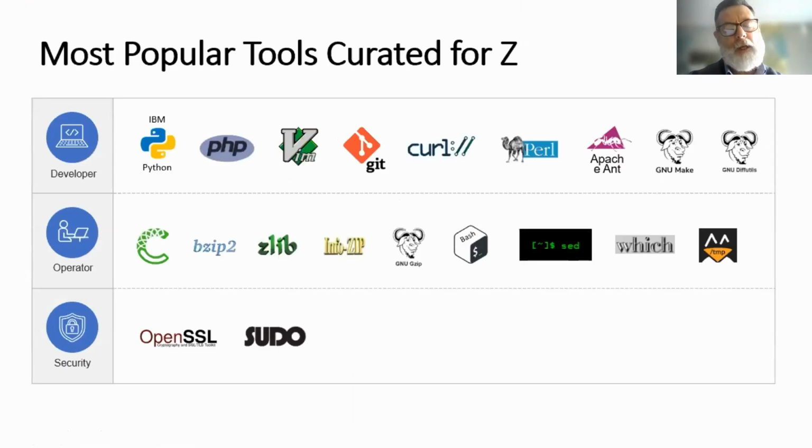So real quickly, this is not supposed to be an all-inclusive list, but this is a list of the most popular tools that have been curated for Z. In the customers and people that we work with, there is usually some subset of these, not necessarily every single tool, that are part of the tool chain.